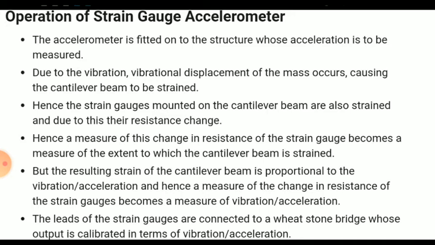The output of the strain gauges is connected to an appropriate Wheatstone bridge circuit for measurement of the strain. The output of the bridge circuit indicates the relative displacement of the mass with respect to the housing frame.